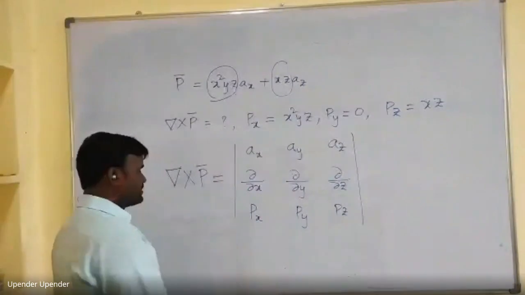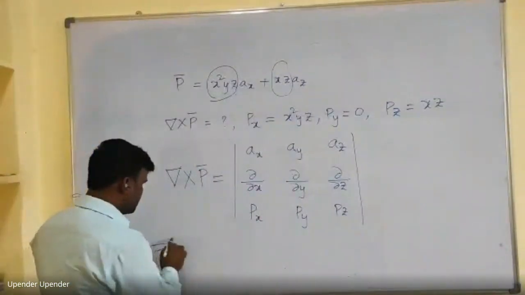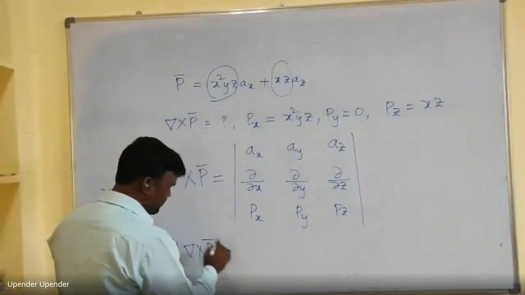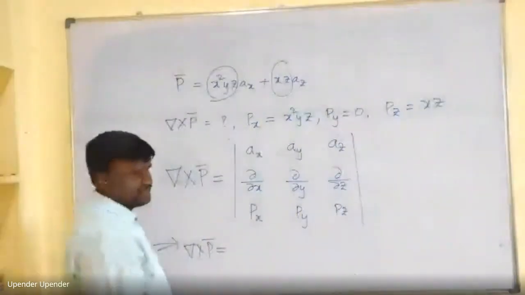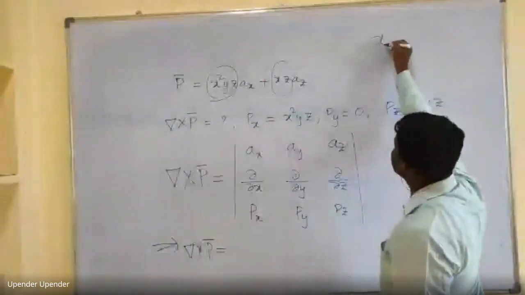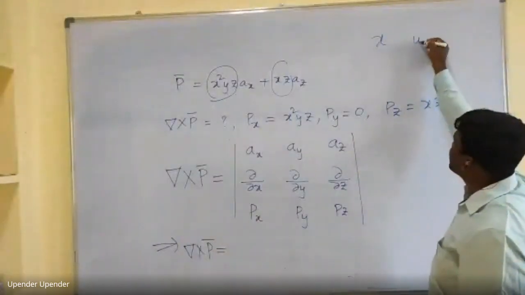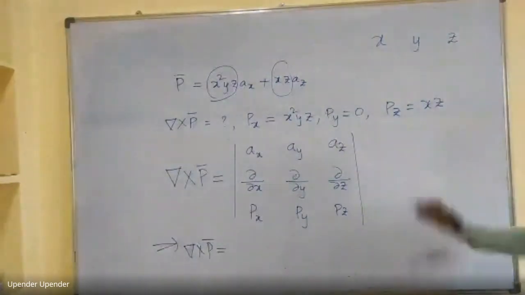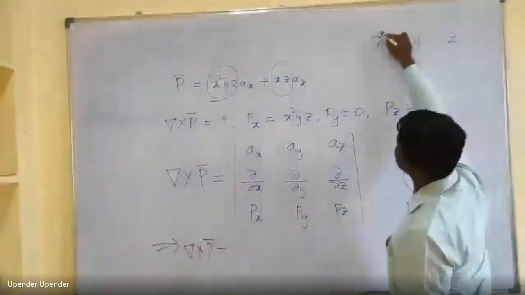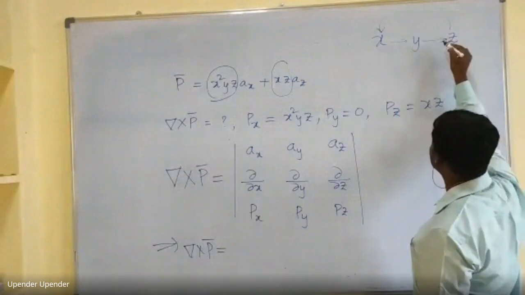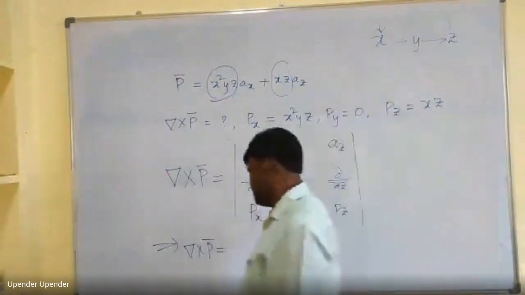Now expand this del cross P. This expansion is very simple. We need to apply some basic logic like this: x after x, take y, after y, z, after z, no element, so you need to go back to the first element. That is x to y, y to z, z to x.